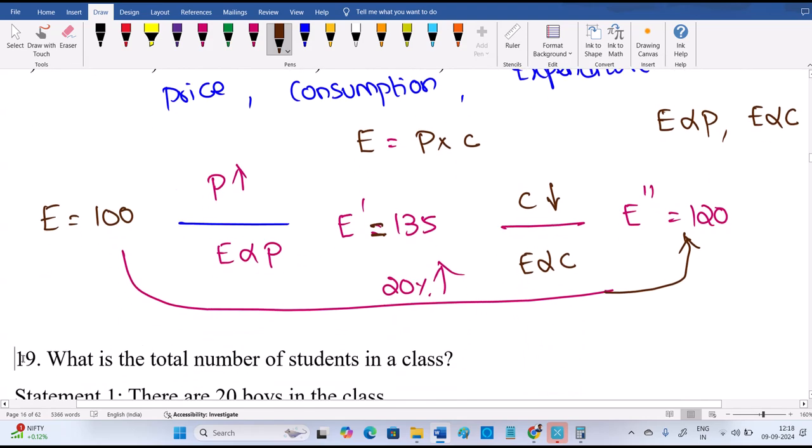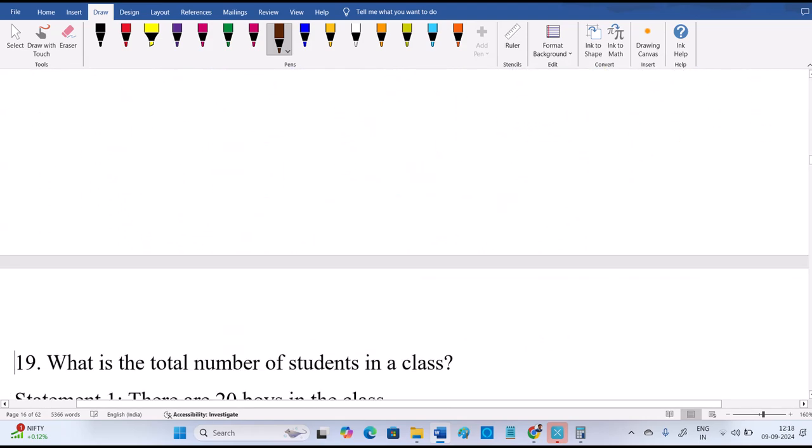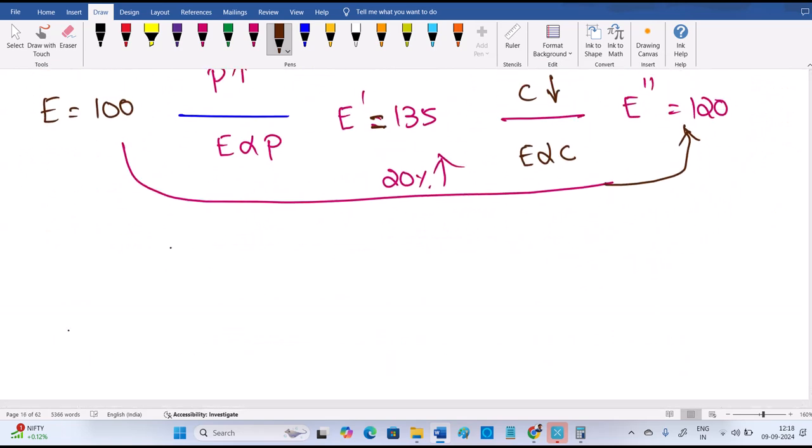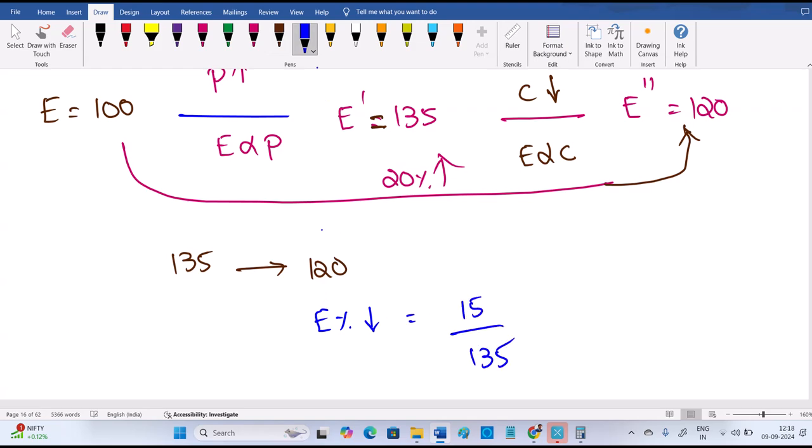So bringing 135 down to 120 is what percentage decrease? 15 decreased from 135. The percentage of consumption decrease, or quantity decrease, with respect to the initial, times 100, will give approximately 11%.